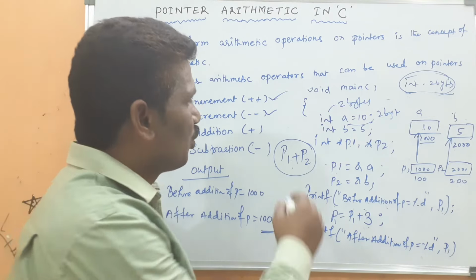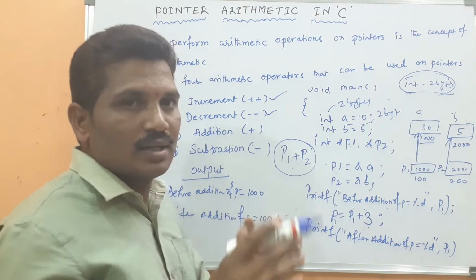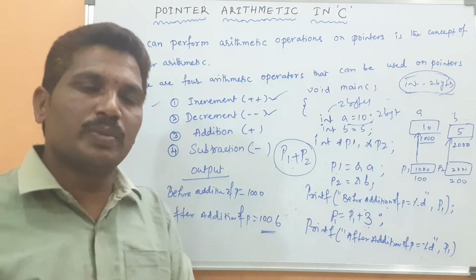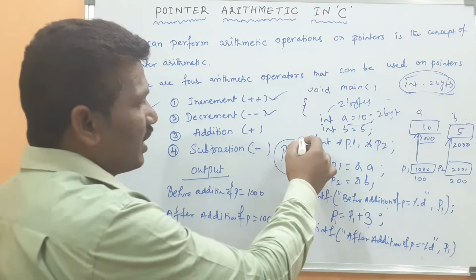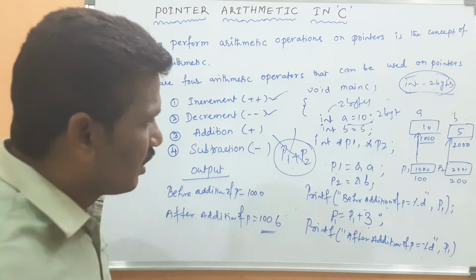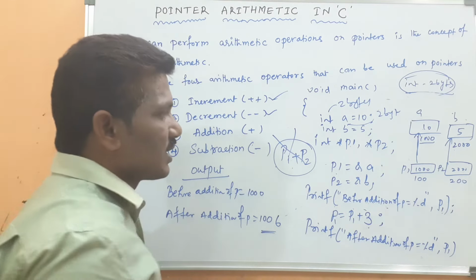That's why one pointer can't be added to another pointer. Last, after explaining these concepts, I will tell you which operations can't be performed on pointers. Okay, p1 plus p2 is not possible on pointers.